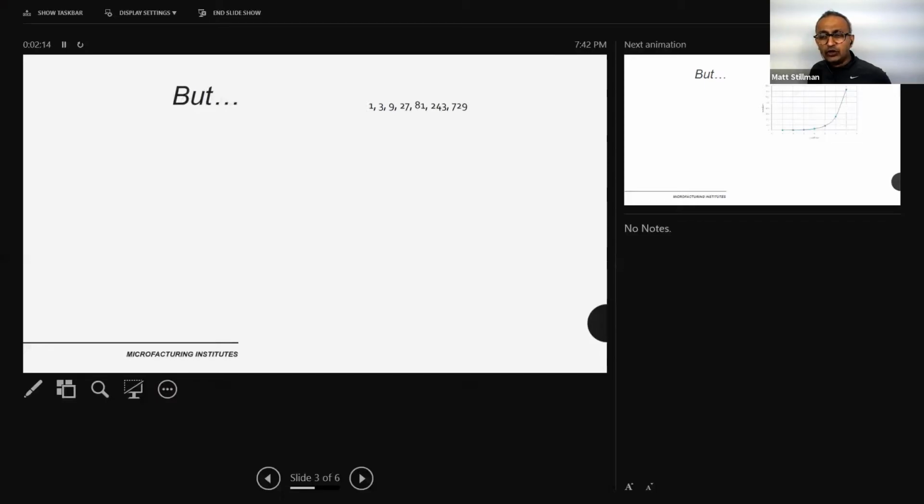Now what happens when you have something like this? How do you capture the central tendency, or what is the mean in this case? As you can see, this is not linear. The difference between the one we saw before and this is that this is an exponential growth curve. Every number after the first is 3x the previous number.